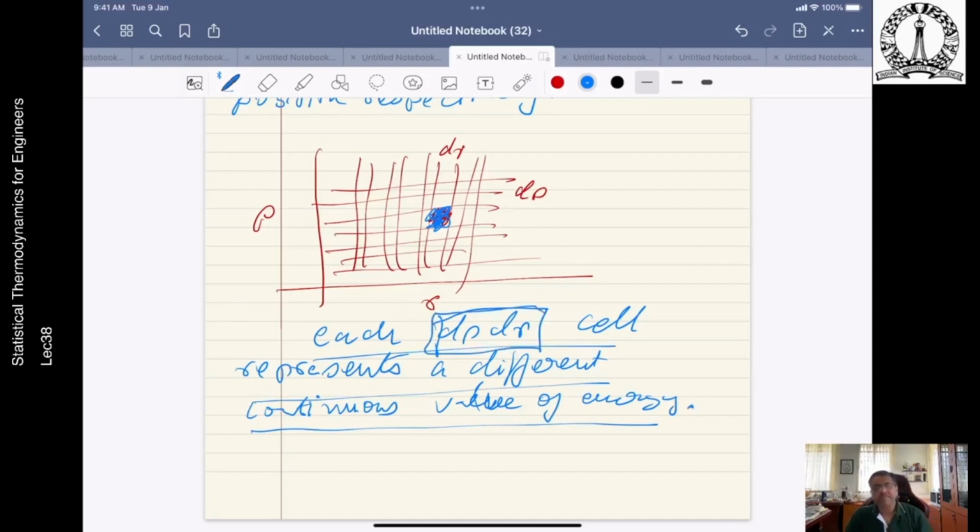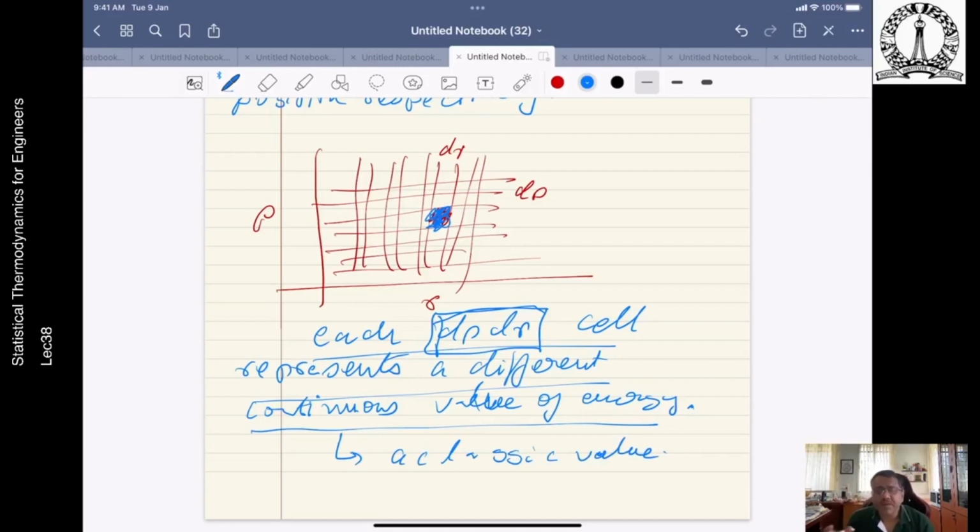Each cell can represent a single classical value of continuous energy.